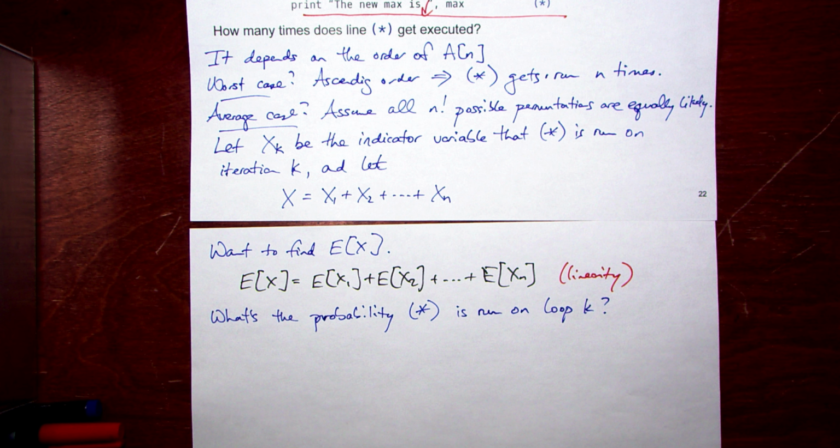When are the ones that you update the maximum on the kth iteration? If the kth number is K, yeah. Okay, or if the kth number is the biggest one you've seen so far, right?